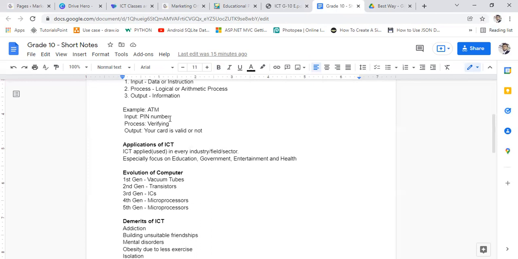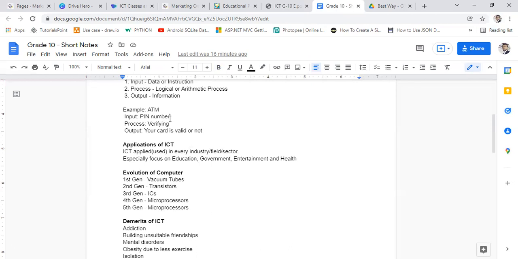And then the information that you get is not tangible. They don't say your card is valid. But if the verification fails, then they will say wrong PIN number, or sometimes it will give you the card back.